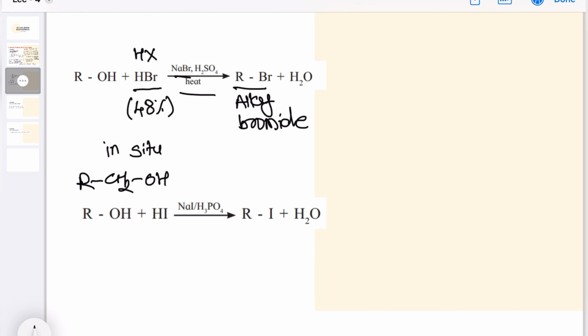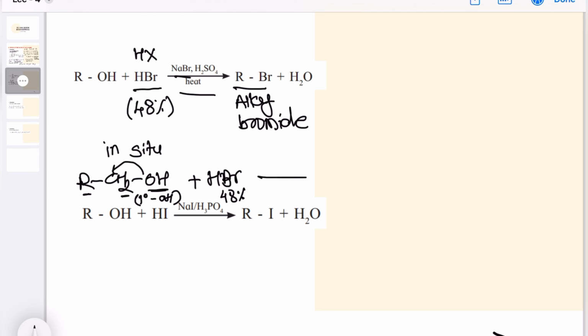RCH2OH. What type of alcohol is it? The carbon to which the OH group is attached has 2 hydrogens and 1 R group, so what do we call it? Primary alcohol. Okay, primary alcohol plus HBr, that is hydrobromic acid. How much percent is taken?